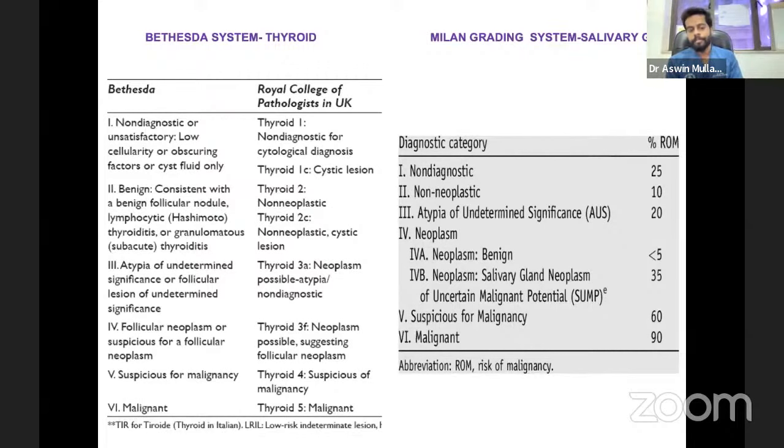Bethesda 1 means that the tissue sample was not adequate. So you have to repeat the procedure, or you can go for a more precise USG-guided repeat FNAC. So this is the basic information that you will get from an FNAC in case of head and neck cancers.